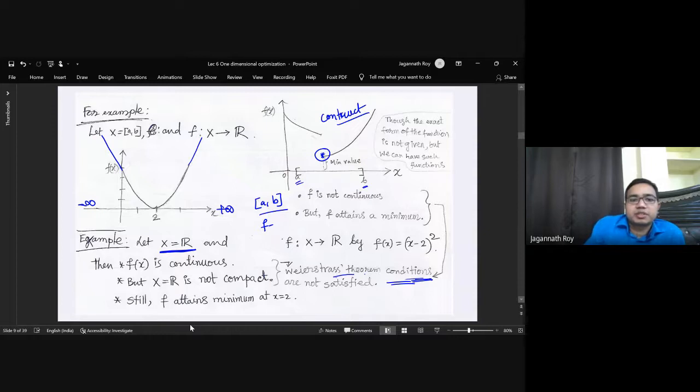But here at this point, it has one minimum point, although we have said that this R is not compact. Then also we can find the minimum.